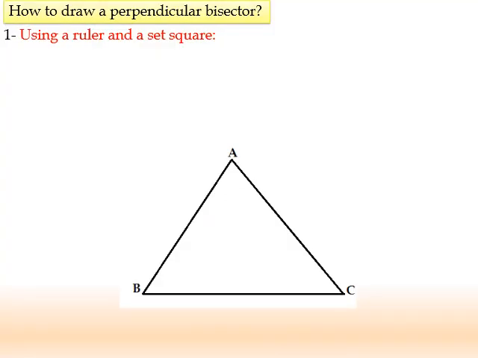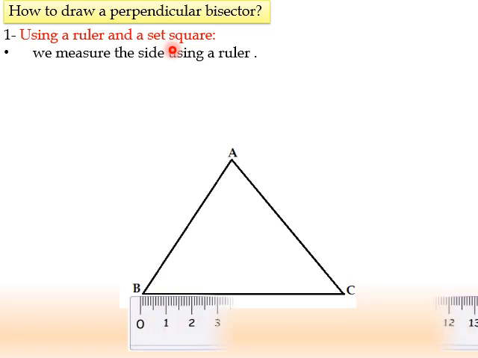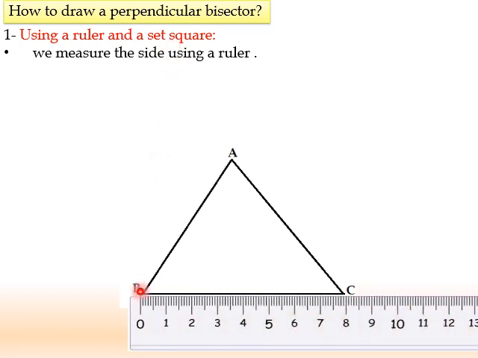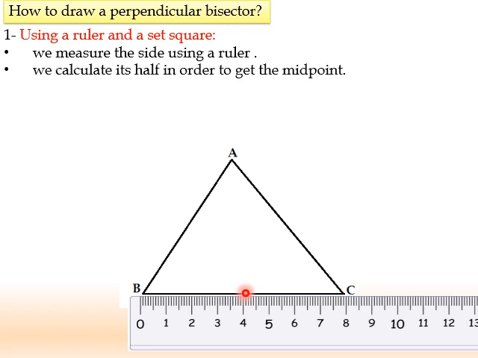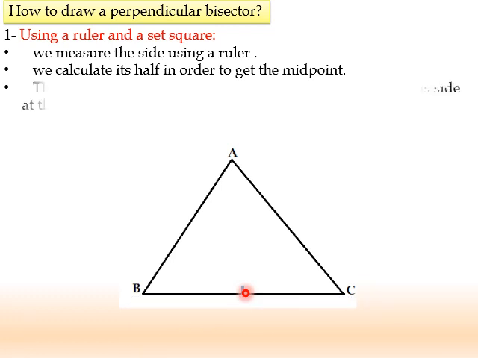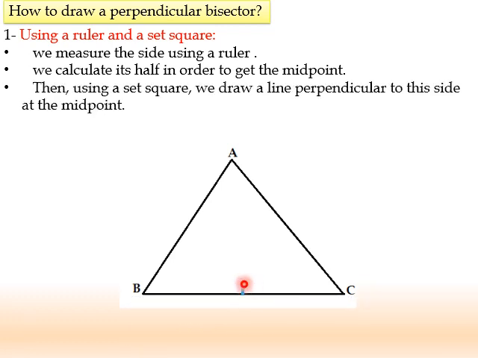Now, how to draw a perpendicular bisector? The first method is using a ruler and a set square. We measure the side using a ruler. Here, for example, BC, starting always from the 0, BC equals 8 centimeters. What's the half of 8? It's 4. So at 4, I have to plot the midpoint. And then, this is the midpoint.